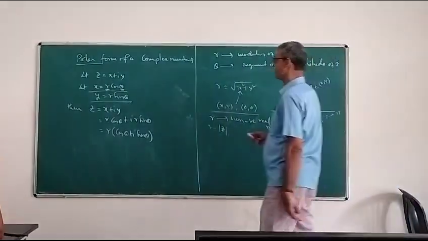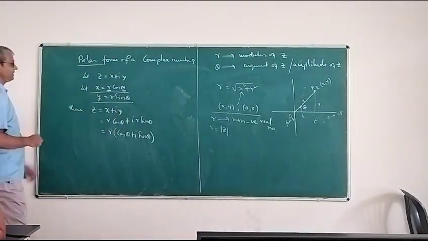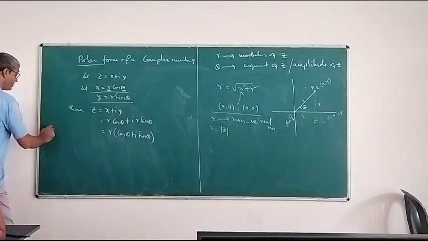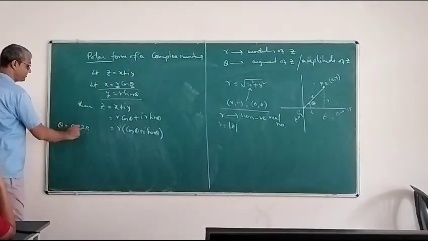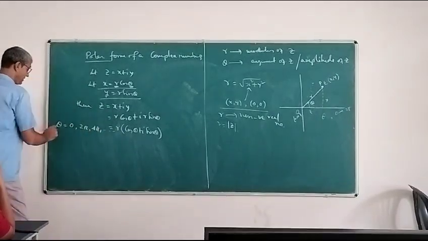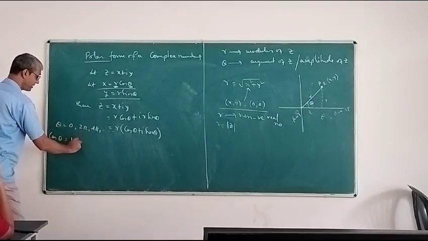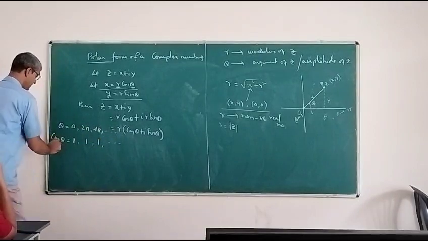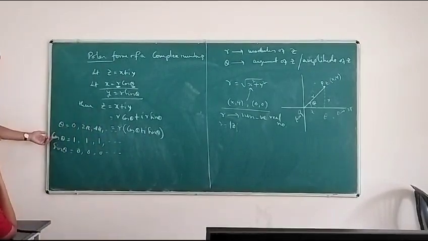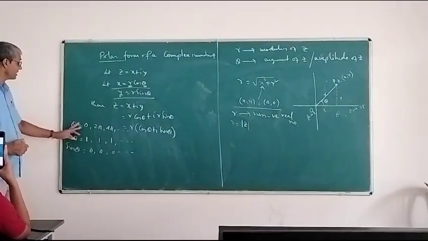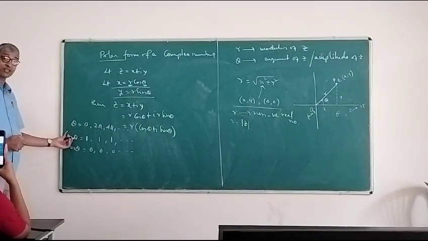Now, when we say x equal to r cos theta and y equal to r sin theta, you see theta may be different, because when we take theta equal to 0 or twice pi, cos theta is 1 in both cases, and sin theta is 0 in both cases. So for different angular values, theta 0, twice pi, 4 pi, etc., we have the same values of cos theta and sin theta.